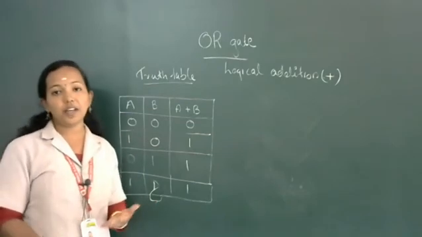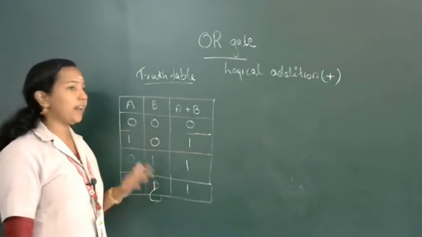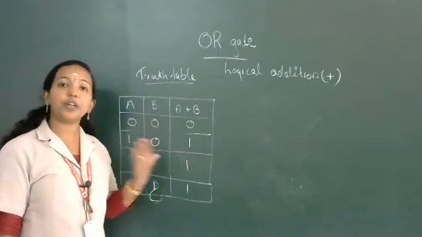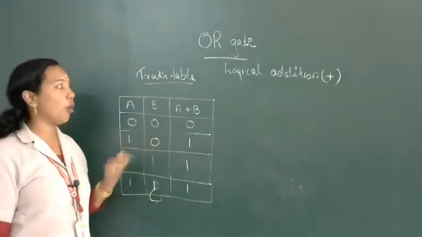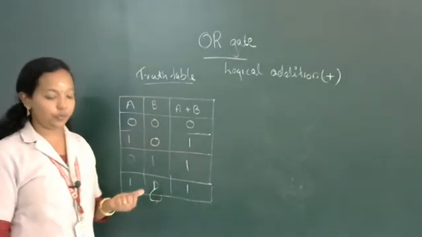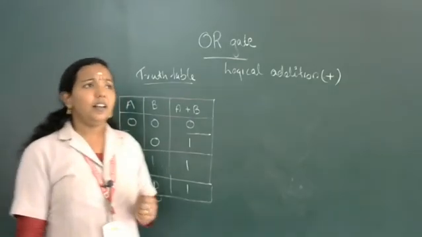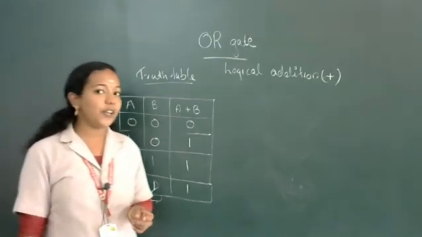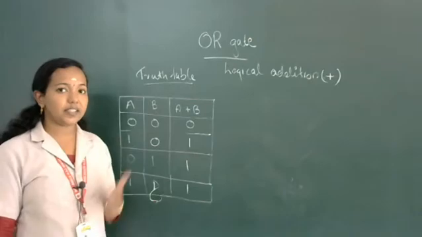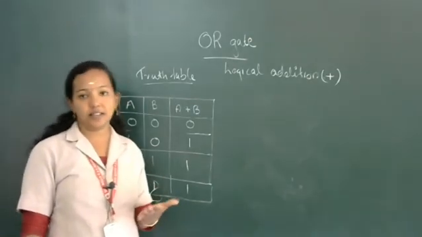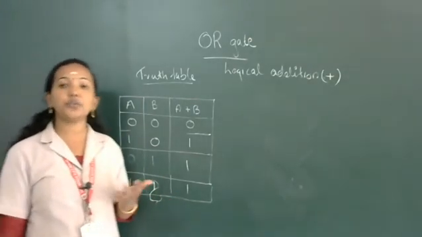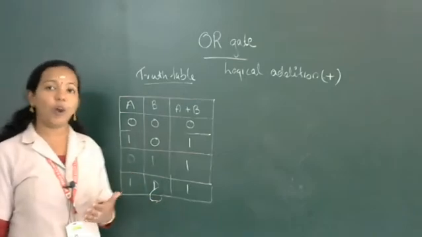Then for what are we drawing the truth table? To get the possible input and output values for an OR operation, we are drawing a truth table. Then logic gates: in the previous video I already mentioned logic gates. These are the physical devices used for performing logical operations.